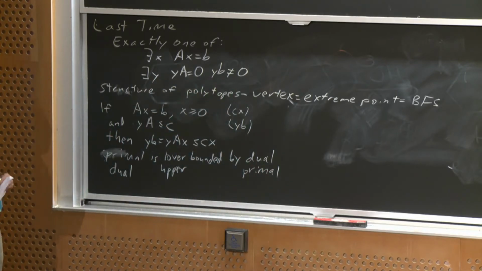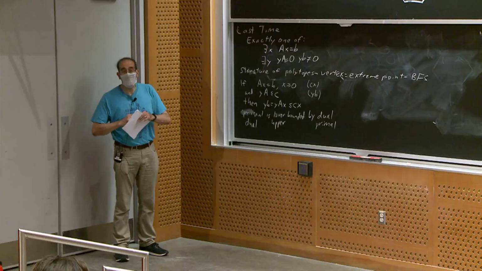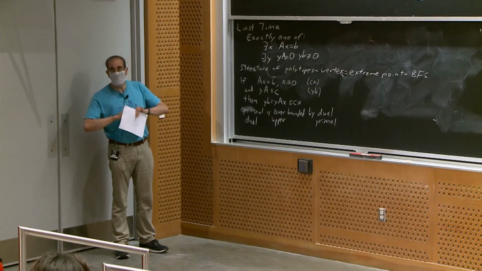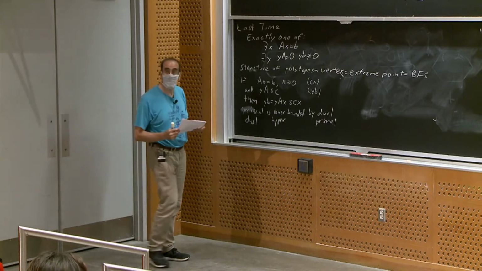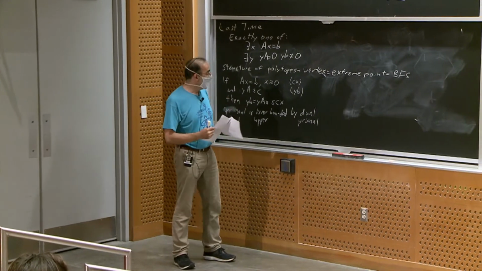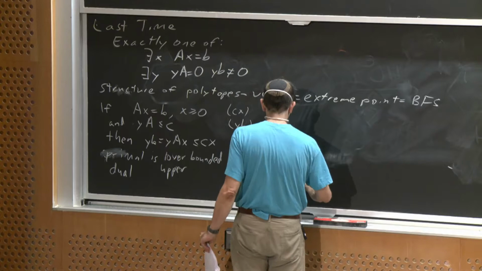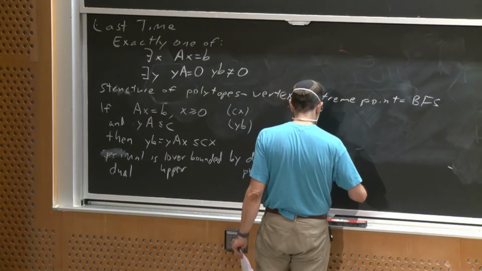Right? It's completely symmetric. And in fact, which one we call the primal and which one we call the dual is arbitrary, because they play the same role with each other. And this fact was known as weak duality.